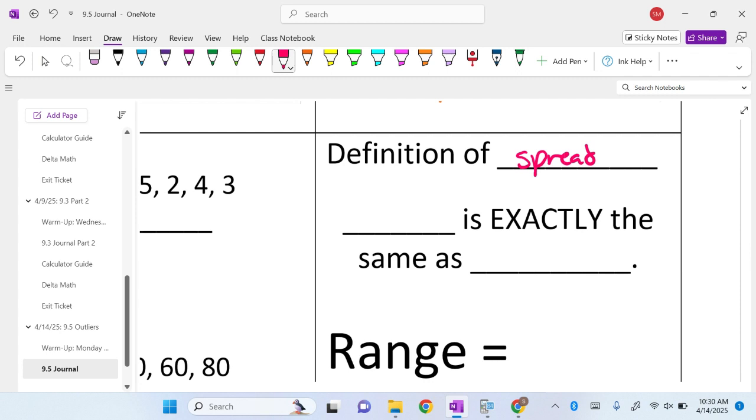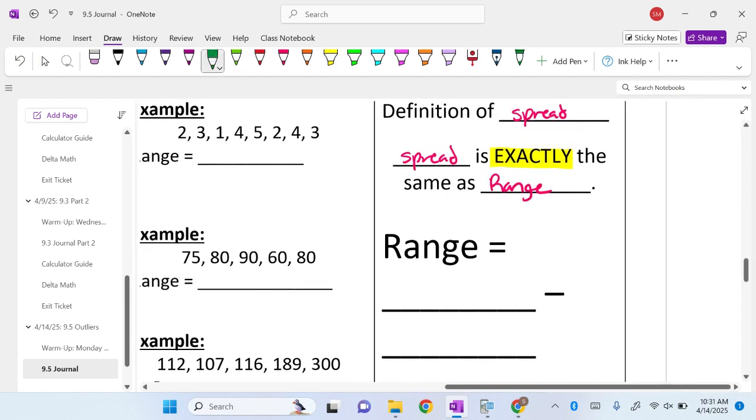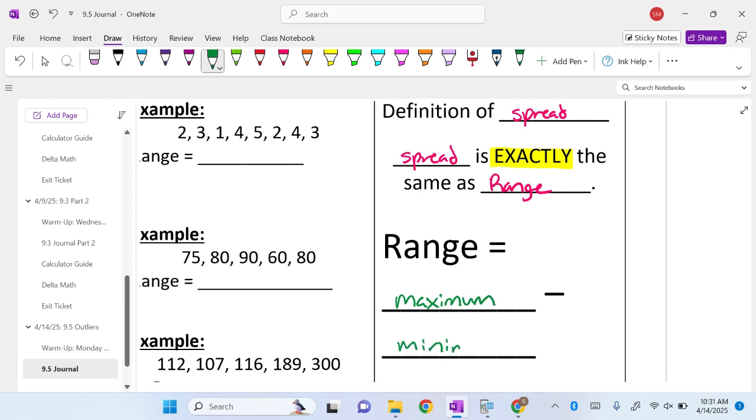And spread is exactly the same thing as range. So if I ask you to find the spread of the data, you find the range. Again, to review, range means you take the maximum of the data and subtract the minimum.